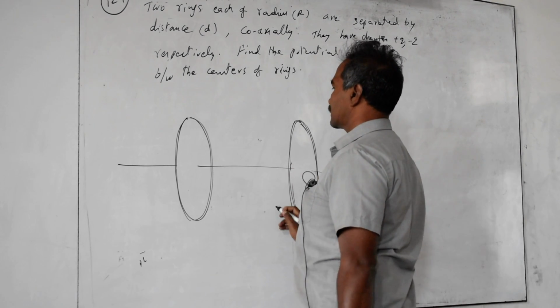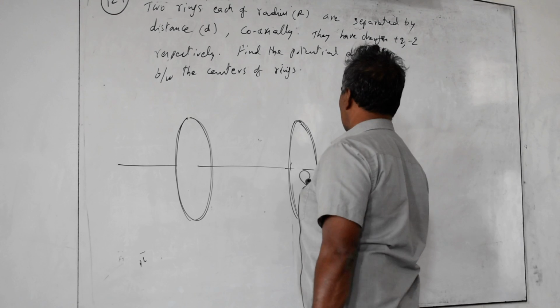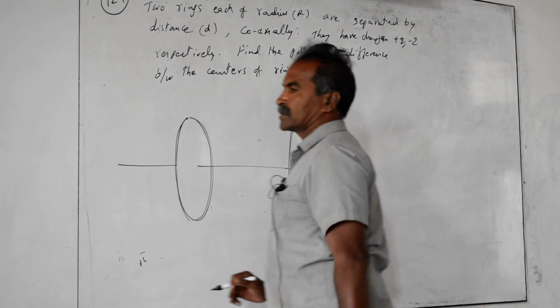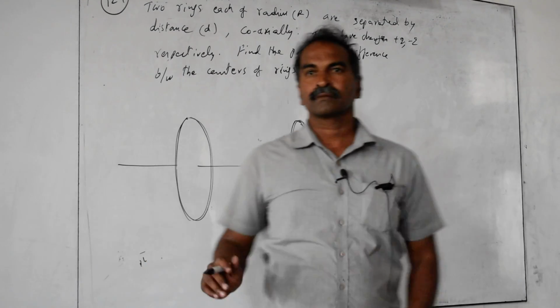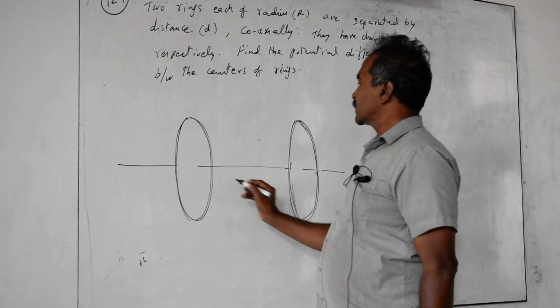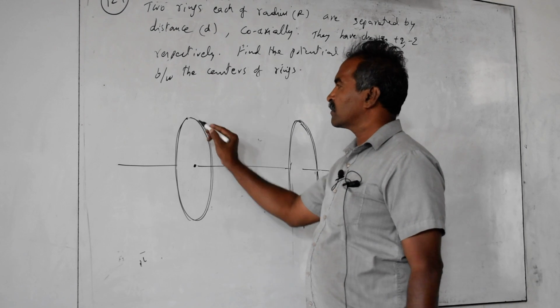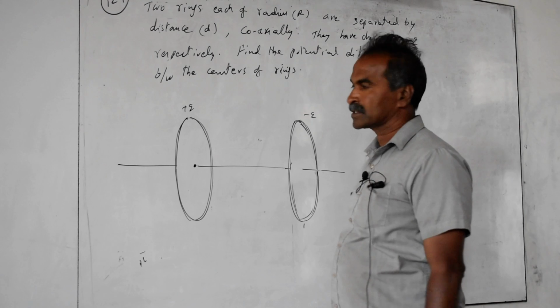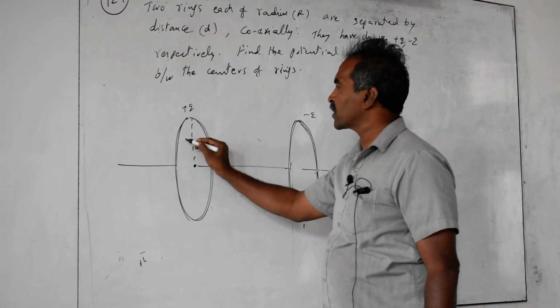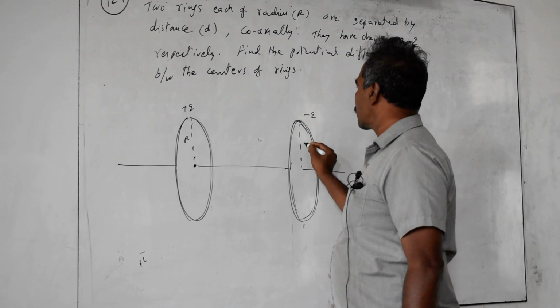This is the axis of the rings. At this center, take the potential because of this charge, one as plus and the other as minus. This radius is equal to r, and this radius is also equal to r.